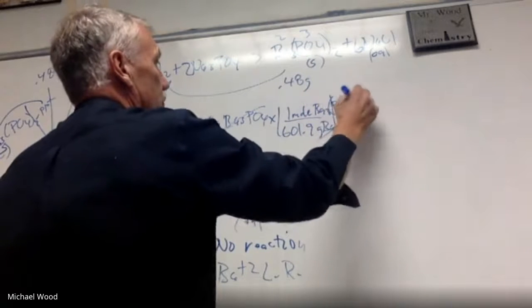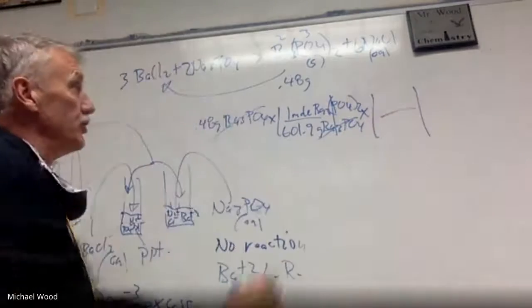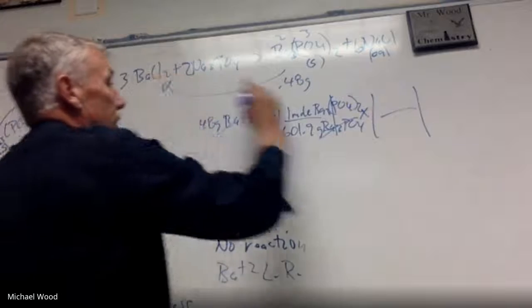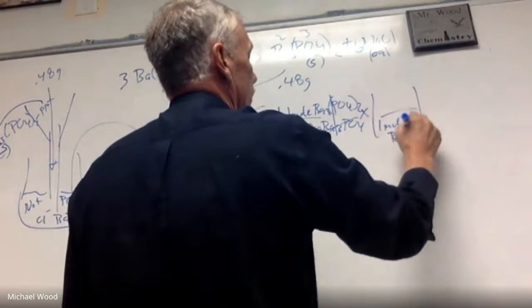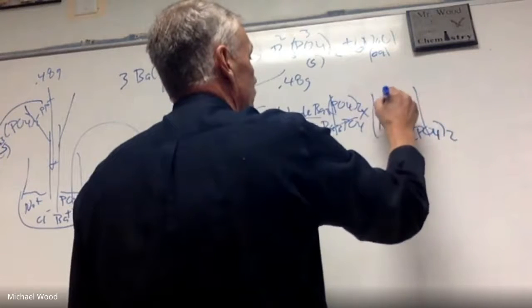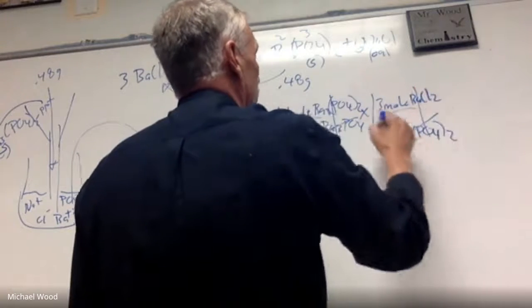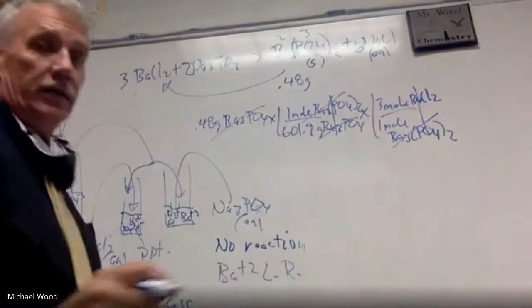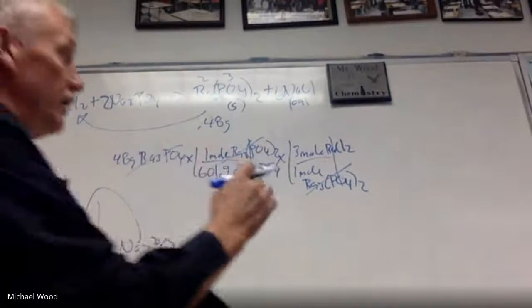So now I'm just doing stoichiometry, and now I can use the ratio, which is 1 to 3. So I have 1 mole of Ba3(PO4)2 for every 3 moles of BaCl2. Okay, and then finally, what I'm going to do is convert this into grams of BaCl2.